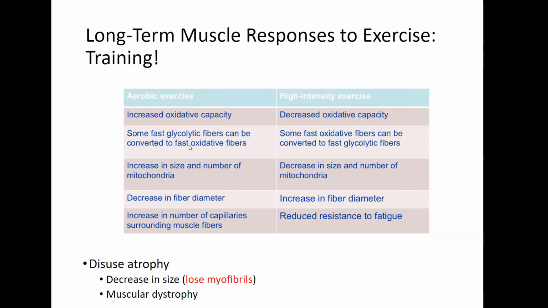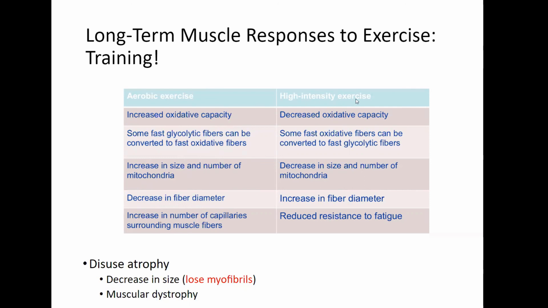We can do all sorts of things to them that make them more resistant to fatigue. So we're increasing the size and number of the mitochondria. We would decrease the fiber diameter as we do this so that we can increase the number of capillaries, so that we can get oxygen to these fibers so that they can switch over to doing oxidative phosphorylation, so that they can give us long endurance for these activities.